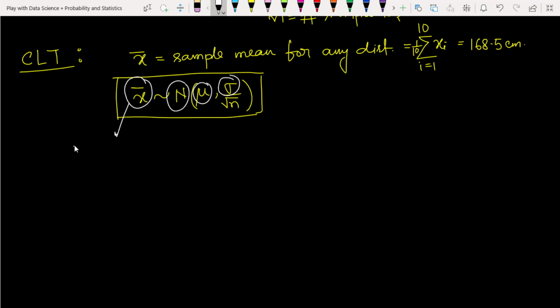Just write this thing. This is the sample mean. These are the normal distribution, meaning the Gaussian curve that I'm talking about.